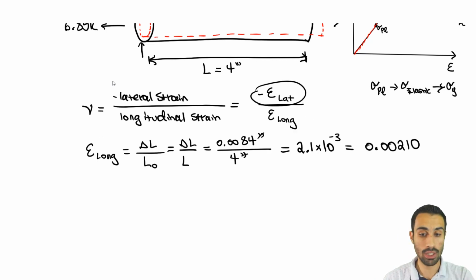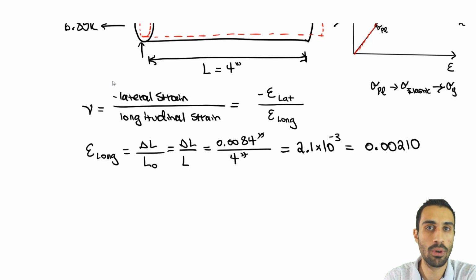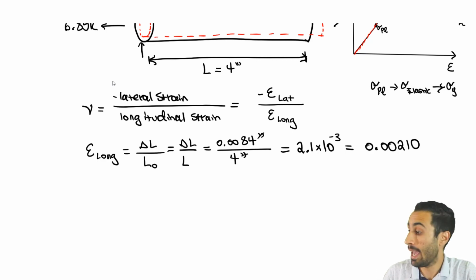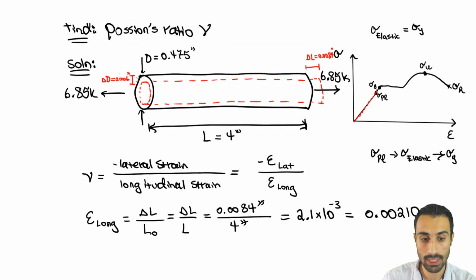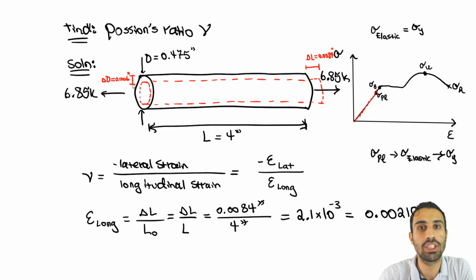So now we're almost done. We need just the lateral strain. But that one is a little bit more tricky. The same fundamental idea behind strain, the basic definition of strain, would still apply. In the lateral direction, what happens is a change in diameter. So it's no longer a change in length, it's a change in diameter.